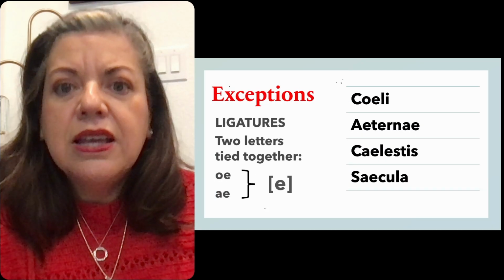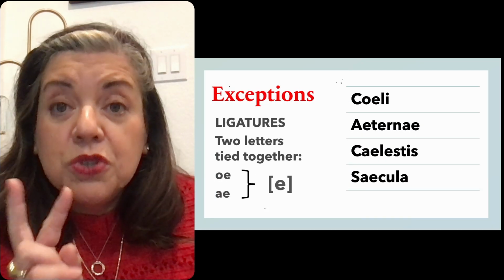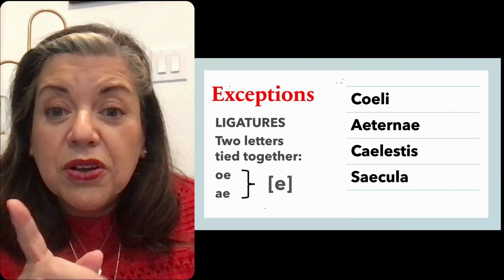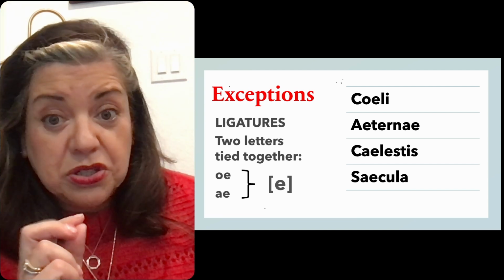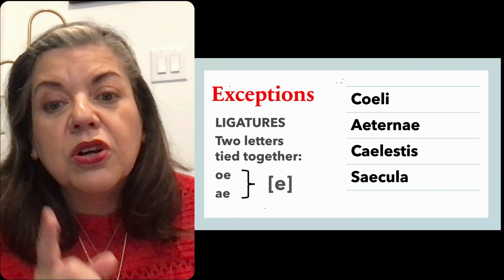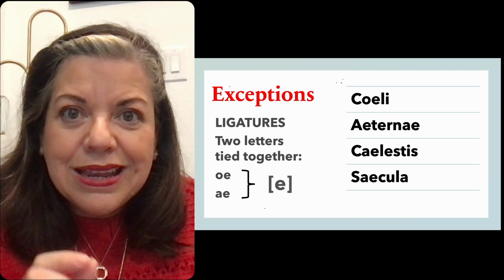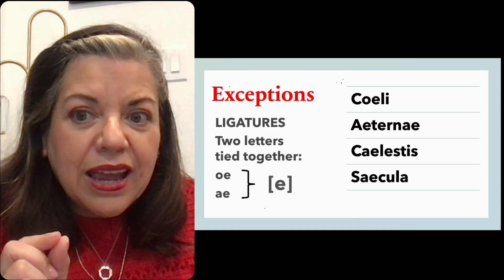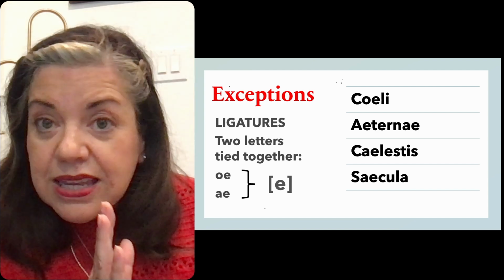One other thing here, exceptions to two vowel sounds. When there are two vowels tied together as one, they're called ligatures, in particular OE and AE, and they have the sound E, as in bed, like the E vowel sound.